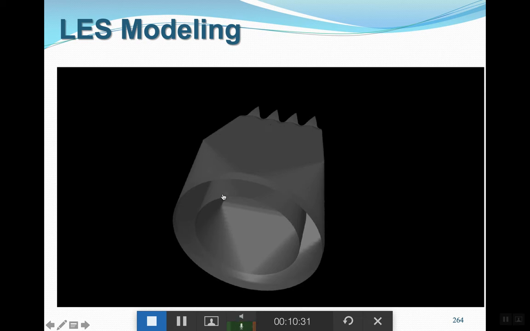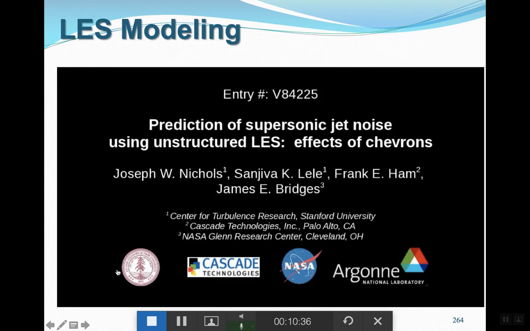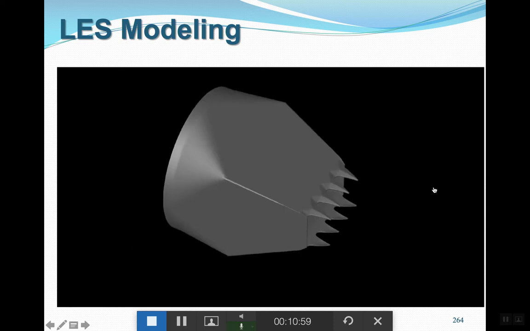This is a prediction of supersonic jet noise using unstructured LES. So this is basically flow coming out of a jet engine, and it's not done by us, of course.